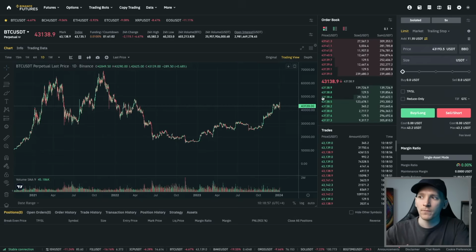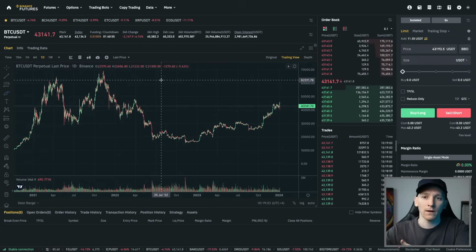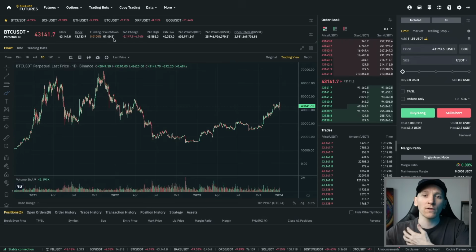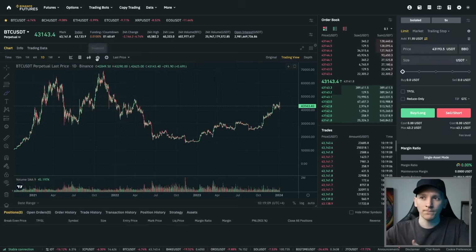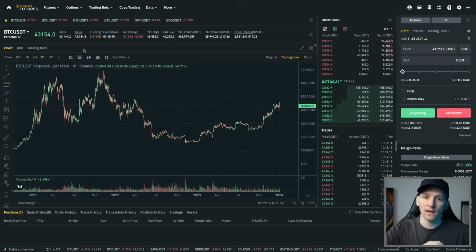So, for example, if there are too many buyers in the futures market pushing the price up higher than the spot price, what will happen is that those longs who are buying have to pay a funding rate to short sellers, because the longs are being penalized for pushing the price away from the spot price.